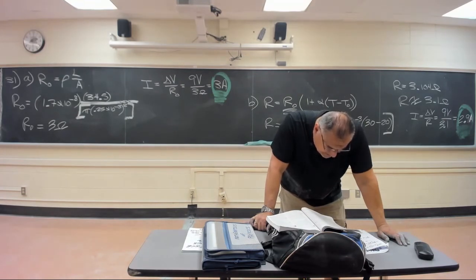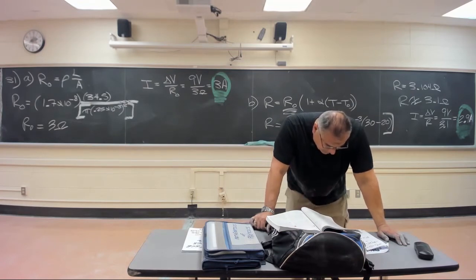The heating element of a coffee maker operates at 120 volts and carries a current of 2 amps. Assuming the water absorbs all the energy converted by the resistor, calculate how long it takes to heat 0.5 kilograms of water from room temperature, 23.0 degrees Celsius, to the boiling point. Okay, there's a lot going on here, guys.